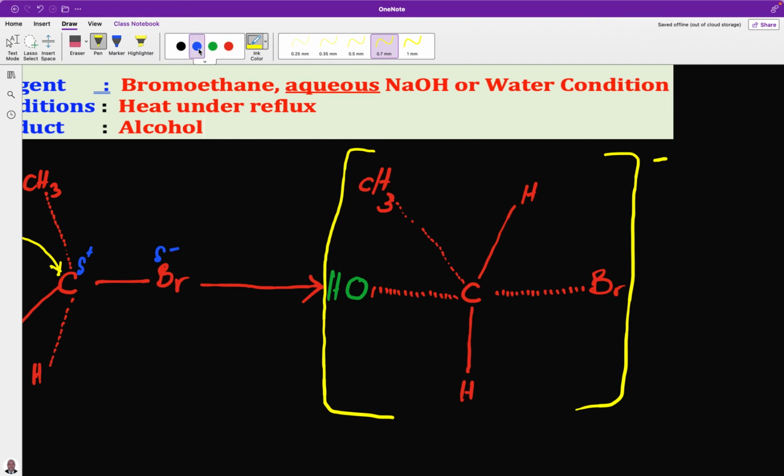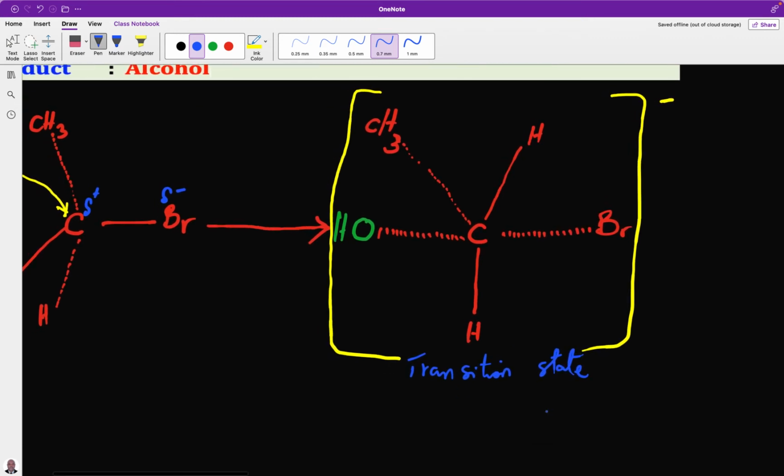Put it in blue. Transition state or an intermediate. It's a transition state. You can call it intermediate.